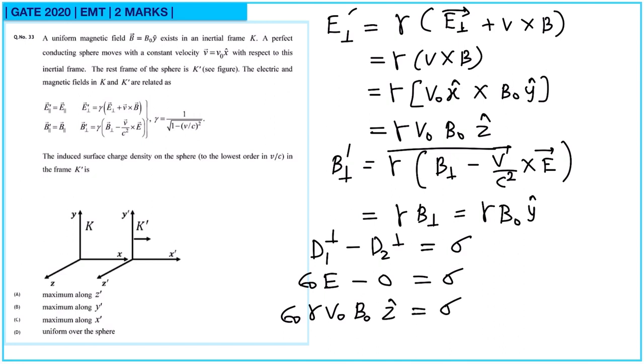So it is along z cap direction. So this maximum value will be along z cap direction. So here option A is correct. Along y direction it is gamma into, then we have to calculate also. But from here we are getting it is maximum along z cap direction.